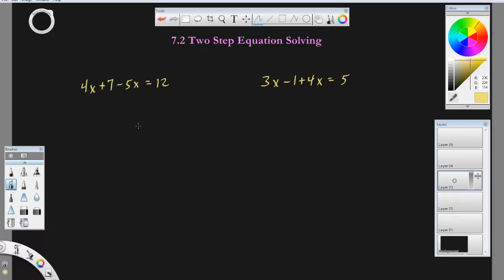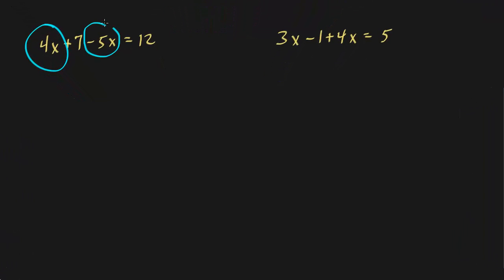Here we go with some more two-step equations. All right, so we're going to do this now. This time, we have stuff on the left side of the equal sign that can be put together. Anytime you have that, you put it together first. Now, I picked this one because something odd happens. Watch. I have 4x and negative 5x.